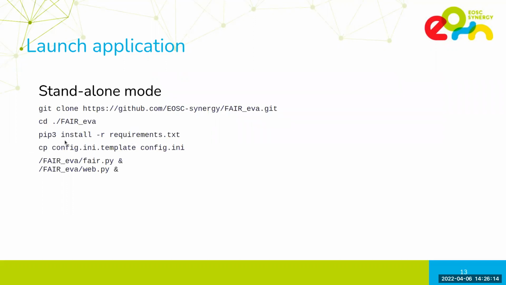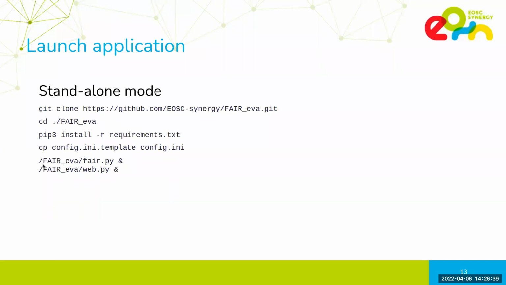And one thing that you need to do is to configure the application. You have a template that is a basic configuration file that you can use, and it will work with only this configuration file. But if you want to customize something, you can check the documentation in order to adapt everything to your case.